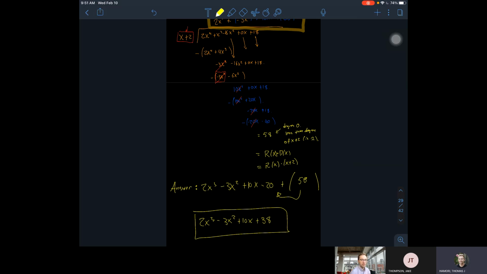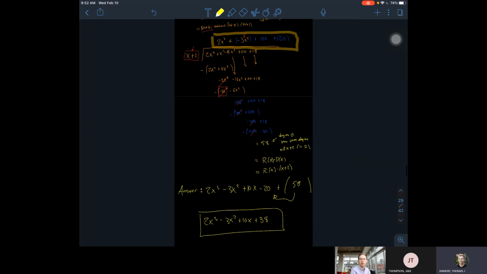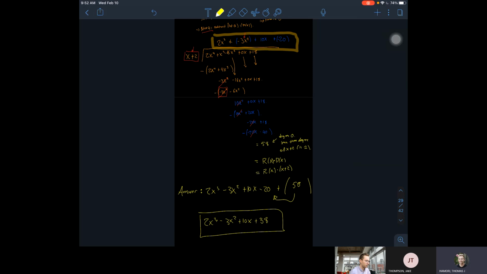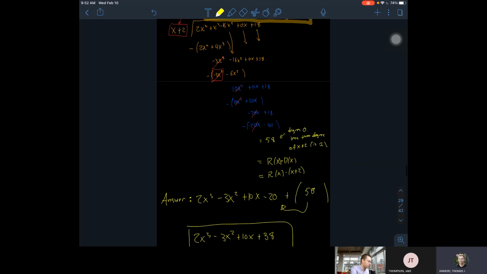Is there something wrong here? Right, if I divide a polynomial by a polynomial, then I know that the division worked out perfectly. But did the division work out perfectly? No, we had this remainder term of 58 here.